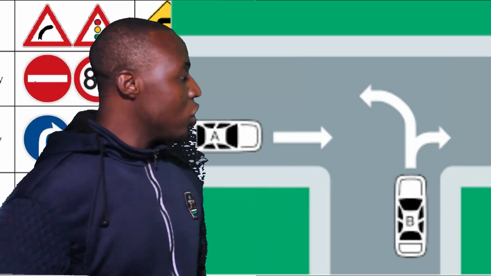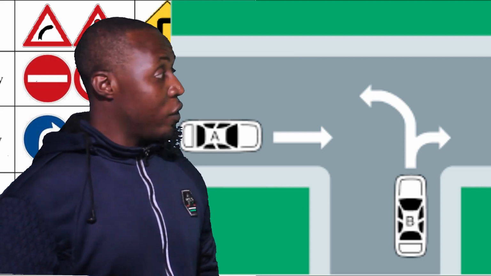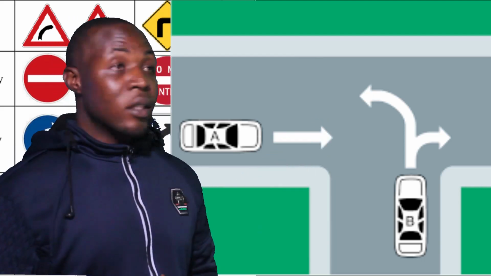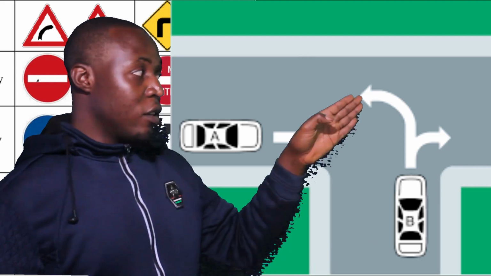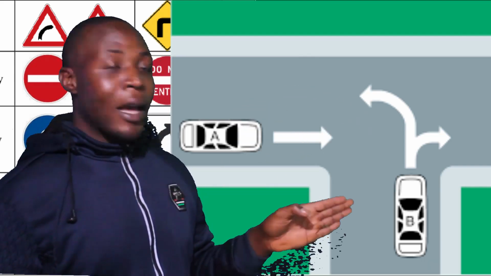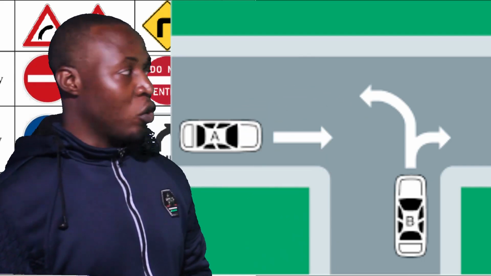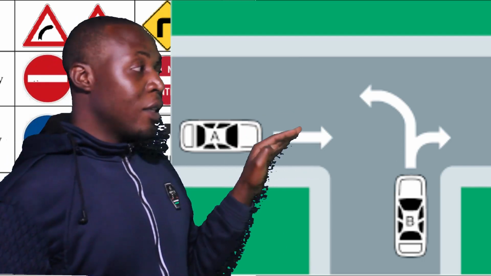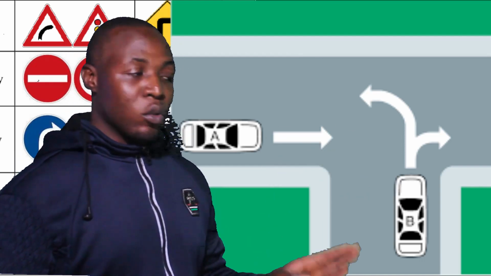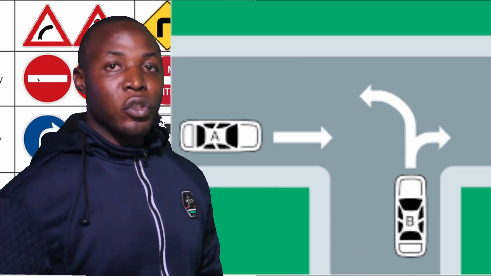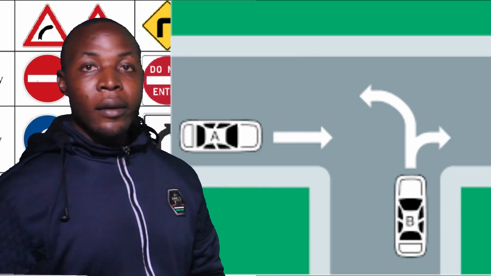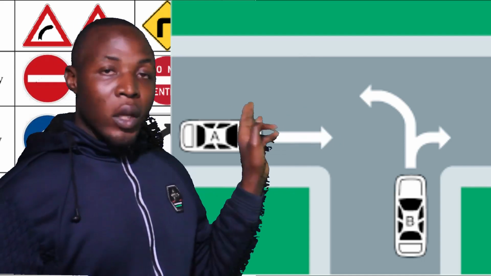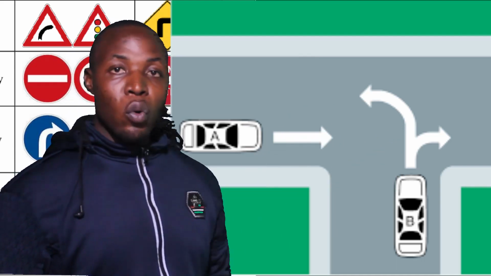So let's look at another image of a T-junction. This is the structure of the T-junction. We see two vehicles: the vehicle that is passing, which just has to pass and go straight, and the vehicle that is coming into the T-junction. The vehicle that is entering the T-junction has two directions to go: either to the left or to the right.